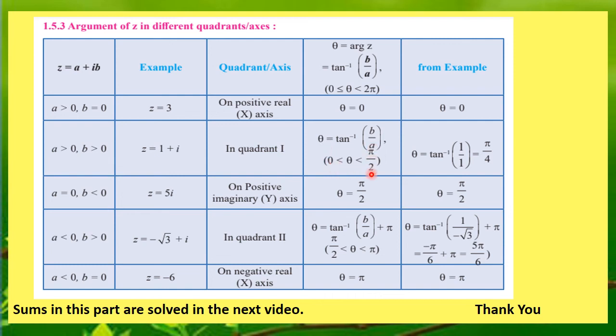So theta is equal to tan inverse 1 upon 1, since both a and b are 1. So tan inverse 1 is 45 degrees, pi upon 4, which is between 0 and pi upon 2.